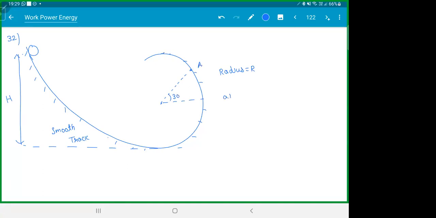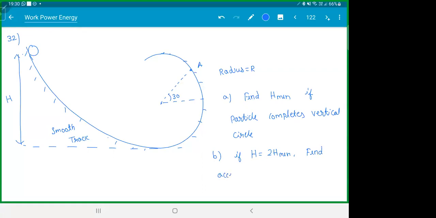So the first question is, find h minimum if the particle completes a vertical circle. That's an easy one. The second part, if h is 2 times h minimum, find acceleration at point A.